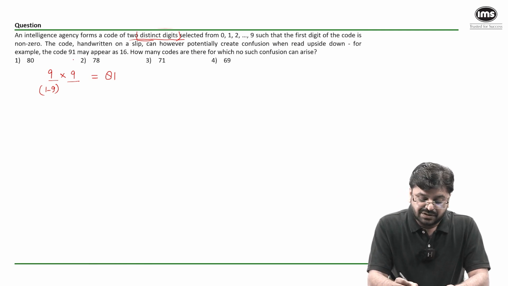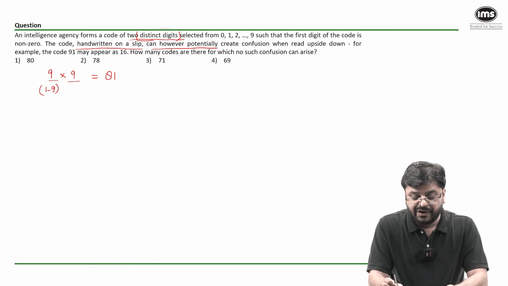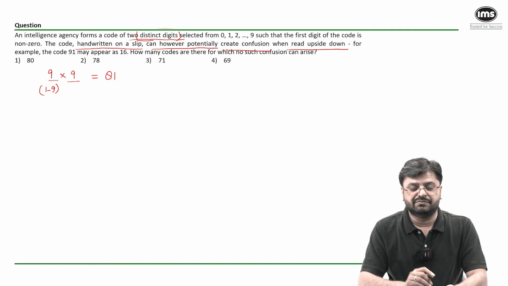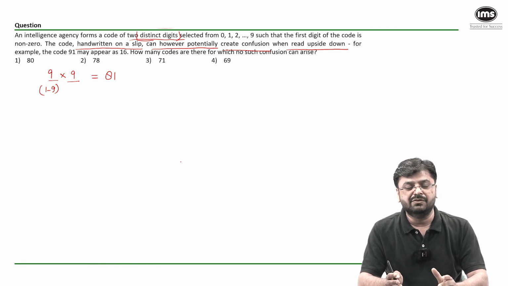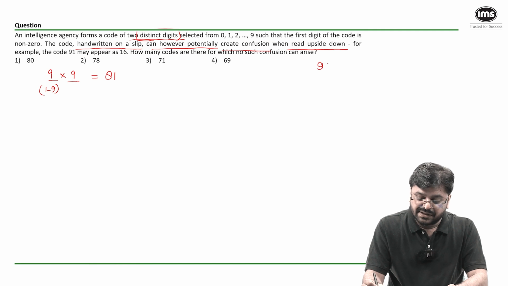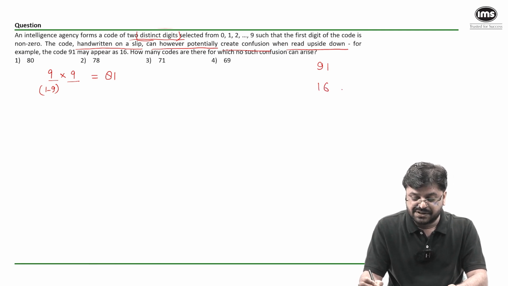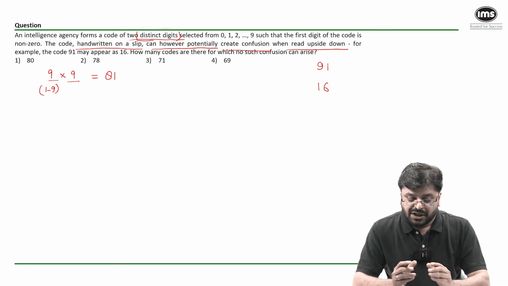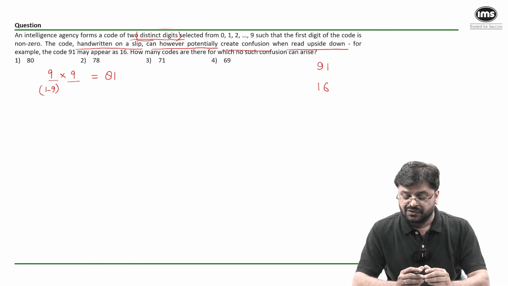But the code handwritten on a slip can, however, potentially create confusion when read upside down. How? For example, if it is 91, if you read upside down, it will appear as 16. So, how many codes are there for which no such confusion can arise?